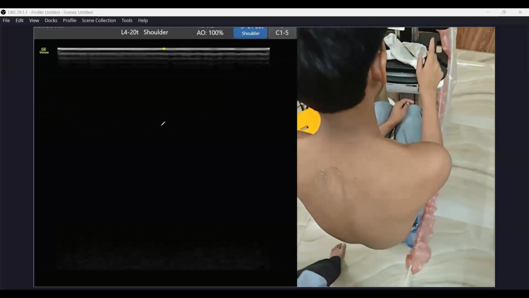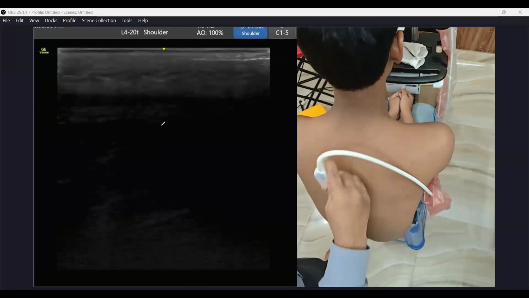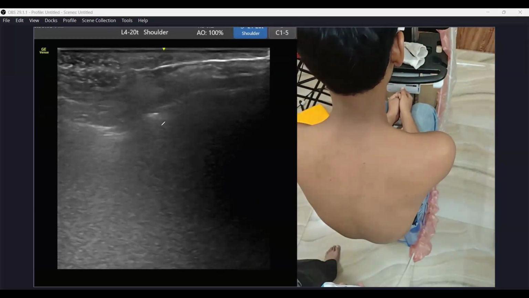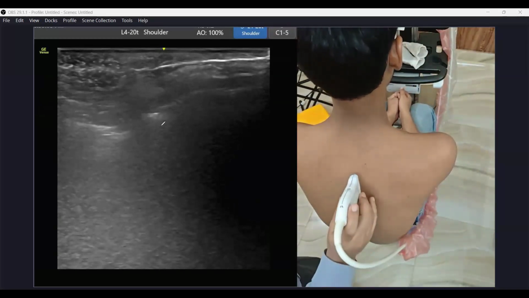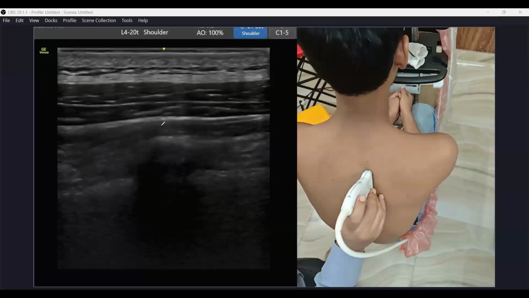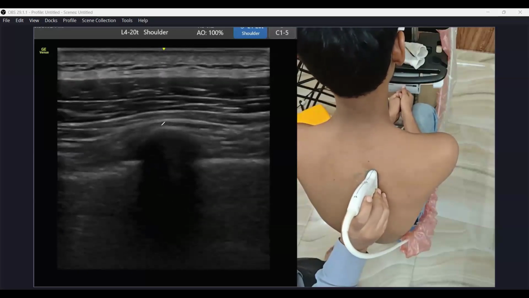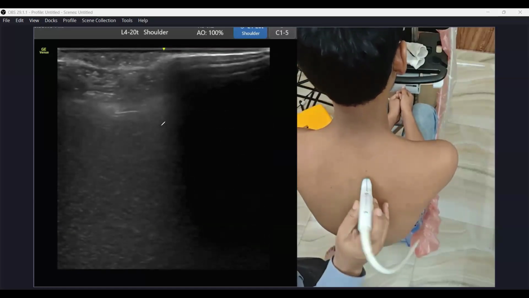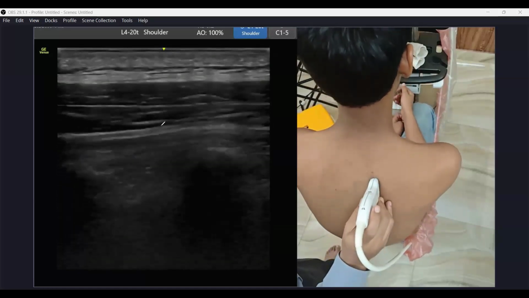It is mostly done for post-herpetic neuralgia. So we will come as per the requirement. We will first count which rib is what. There are multiple counting procedures.